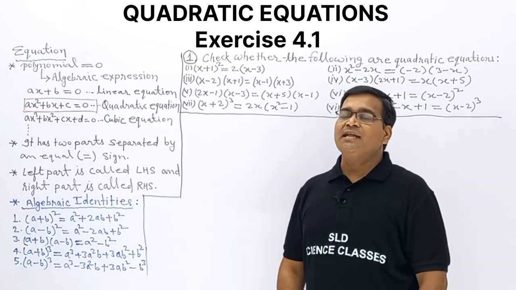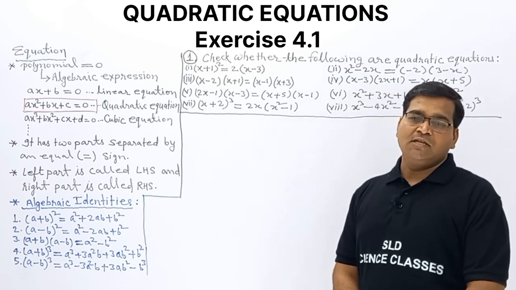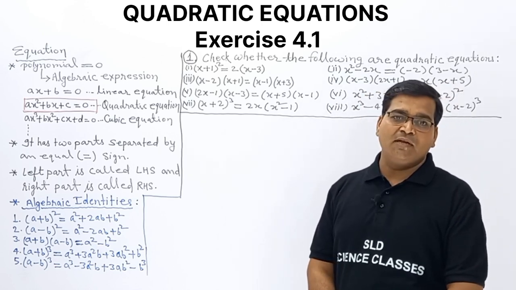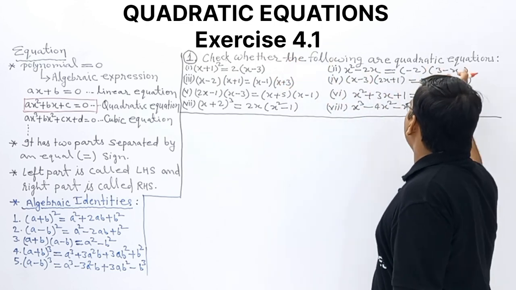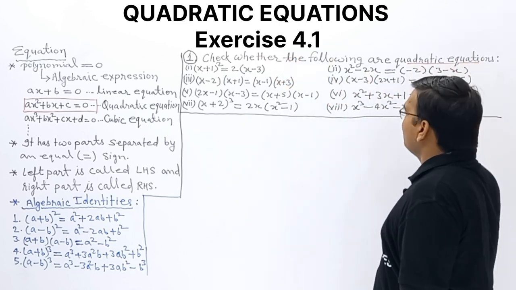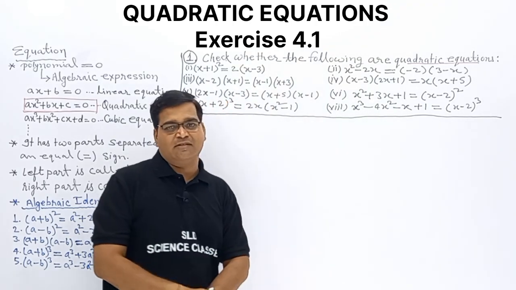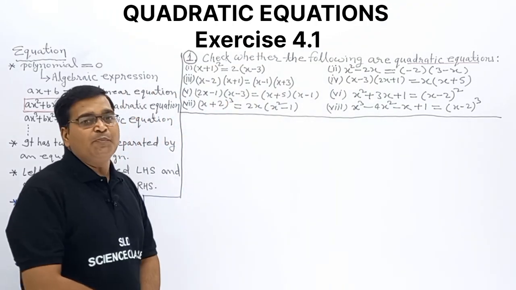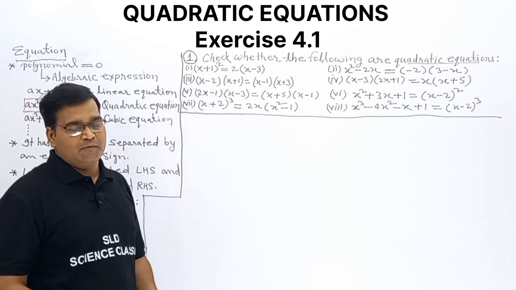Now in exercise 1.1 we are having some questions. Out of these questions, in this class I am taking question number 1. What is the question? Check whether the following are quadratic equations or not. We are having 8 questions. We want to verify which one is a quadratic equation or not.